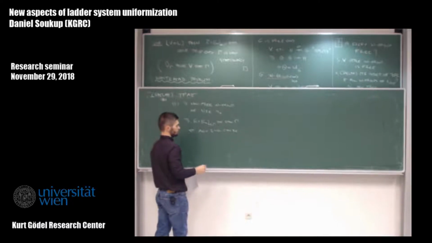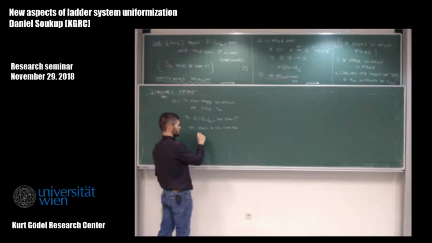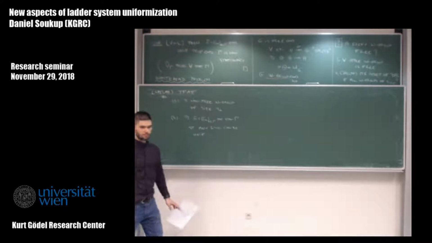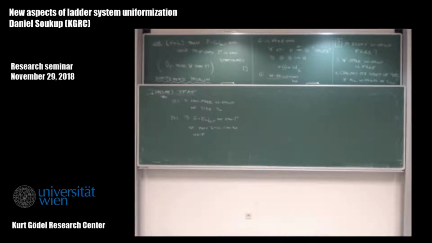Two colorings different from three colorings and four colorings? Yes. Any two coloring can be uniformized. Consistently, you can have a ladder system where all two colorings are uniformized, but not all thousand colorings. So if there's a big enough gap between the numbers, then you can prove a theorem.